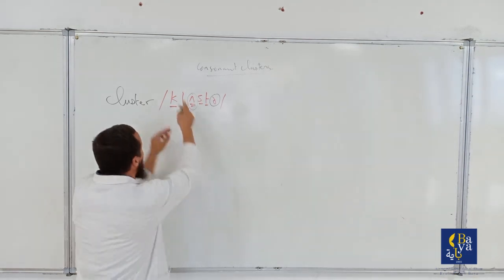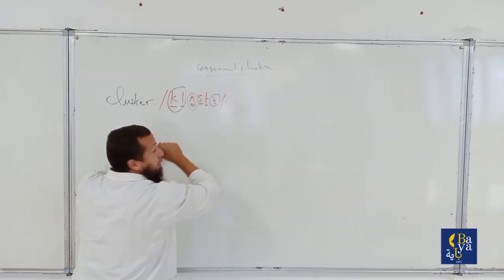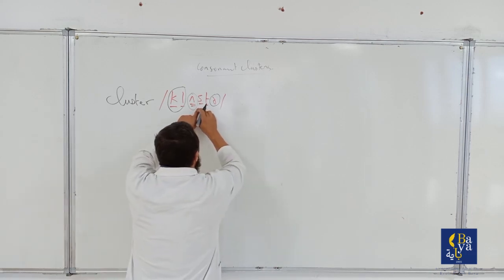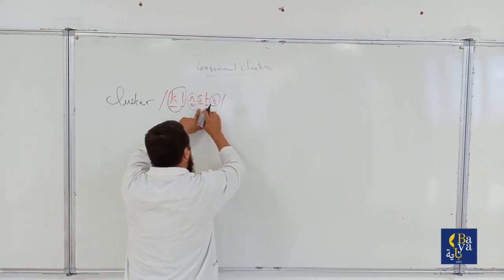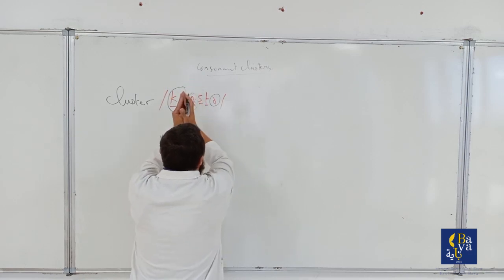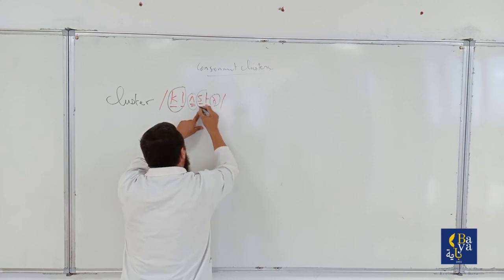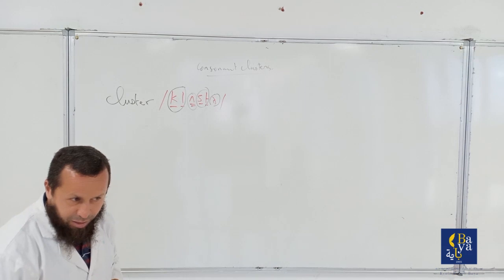We don't have a vowel here. So it is a cluster. S and T are linked, without a vowel here, so they are a consonant cluster.